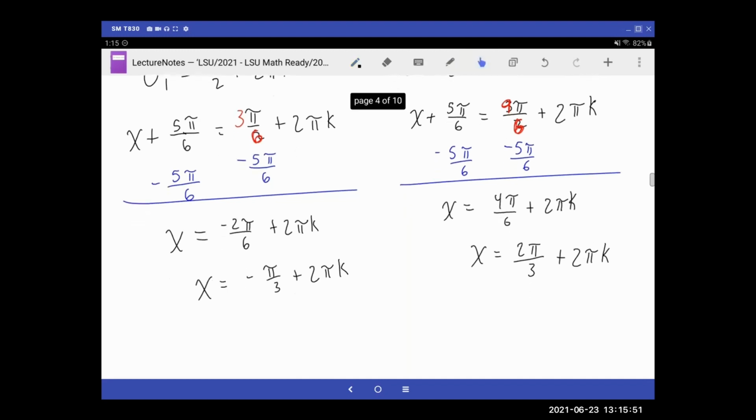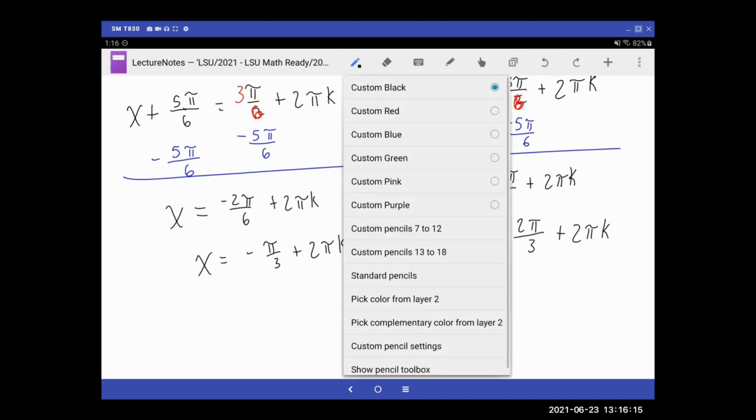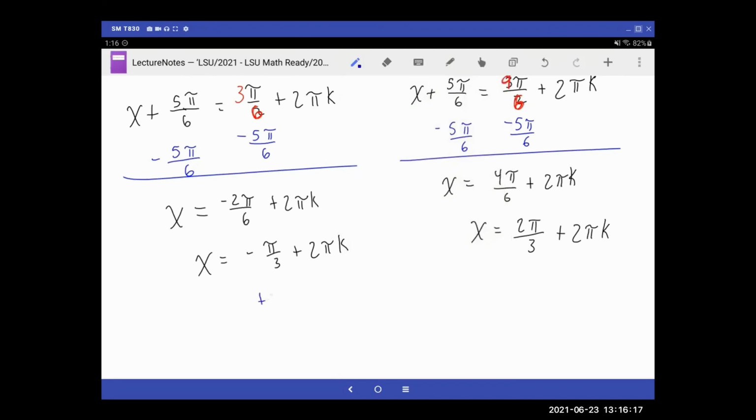Okay, there's one more thing to do here. Typically, the way you write these out is you want your initial angles to be within the first rotation, 0 to 2 pi. Well, negative pi over 3 is not. 2 pi over 3 is fine, but negative pi over 3 is not. So I need to find a coterminal angle. In other words, I want to find that exact same angle, except get it to where it falls between 0 and 2 pi.